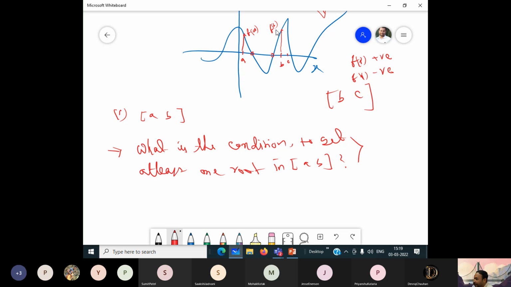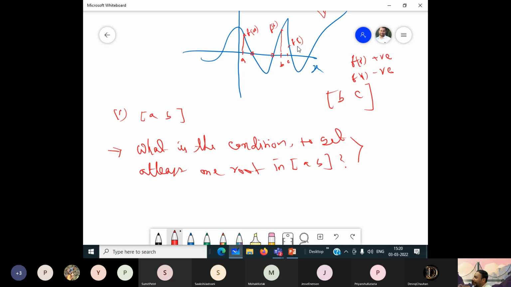If the values of the function at the ends of the interval are equal in sign, there may or may not be roots. In the interval A and B, there are two roots because it crosses the x-axis 2 times. Concept clear? But take another example, B and C, where f of B is positive and f of C is also positive. So we have confusion.